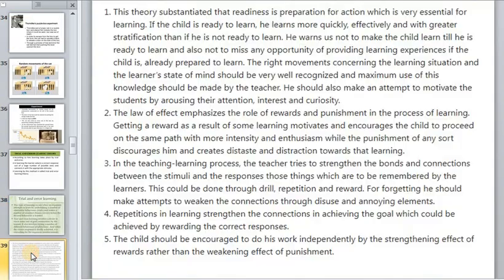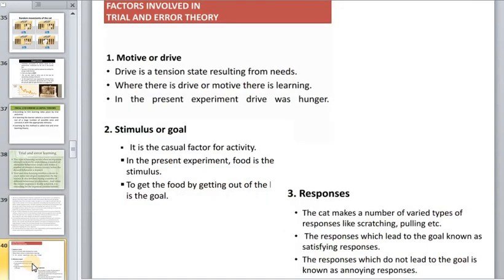So these are some steps of this theory, for children and humans, but almost the same for home animals. And in short, the factors involved in trial and error theory: motive or drive. Of course, do you remember that it takes the hungry cat?